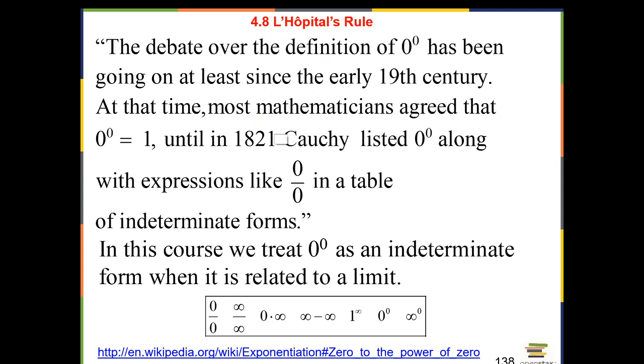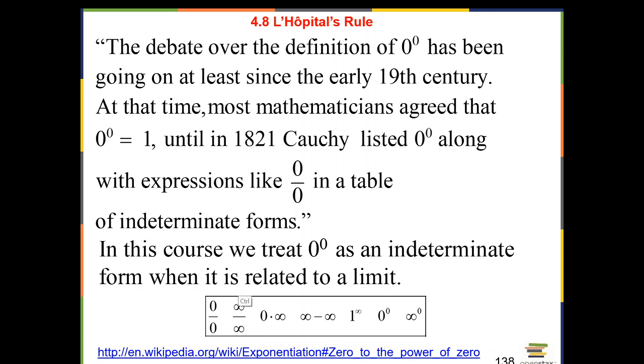Now, here's a little history on 0 to 0. 0 to the 0th power was considered to be 1. In fact, in algebra, we assume that it is 1. But in calculus, 0 to the 0 is an indeterminate form. So Cauchy, in 1821, listed 0 to the 0 along with these as an indeterminate form.